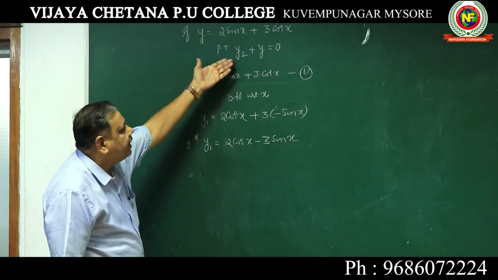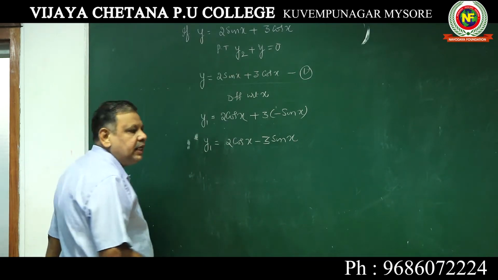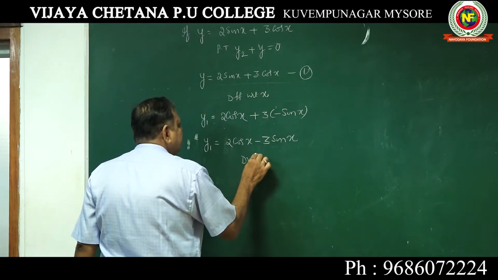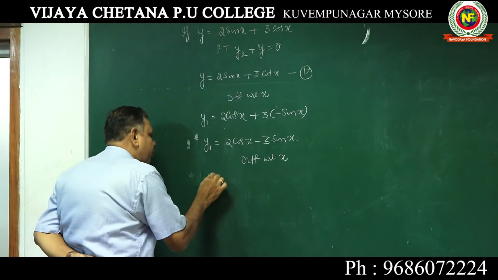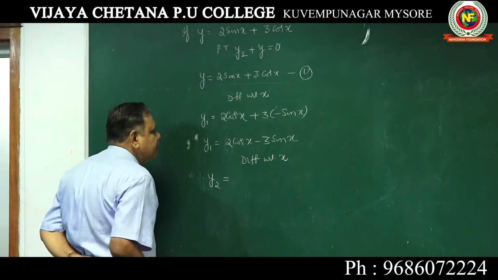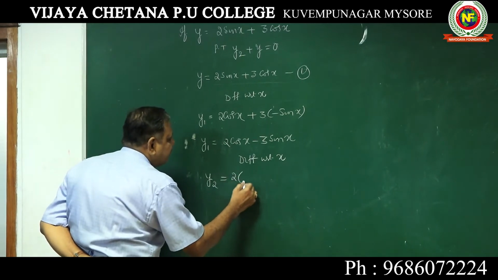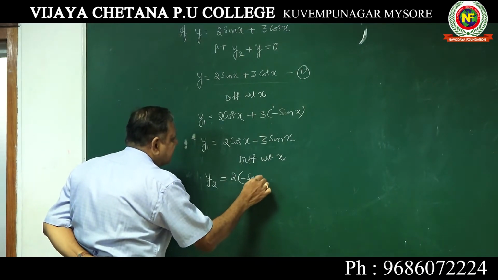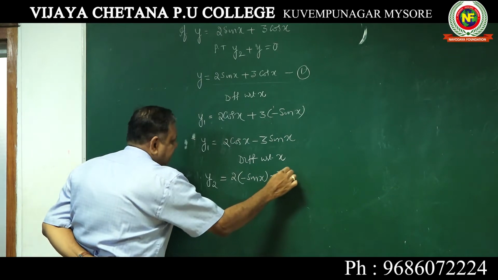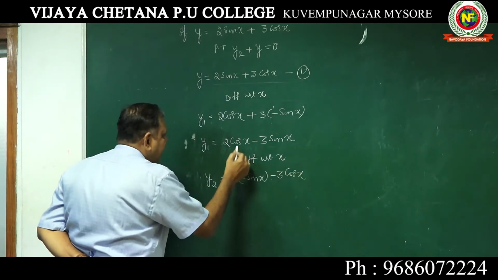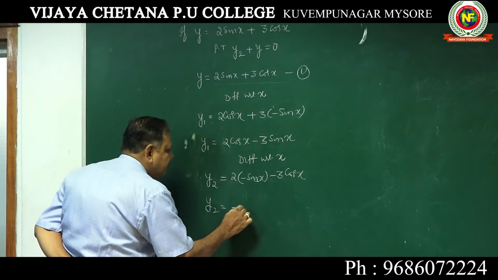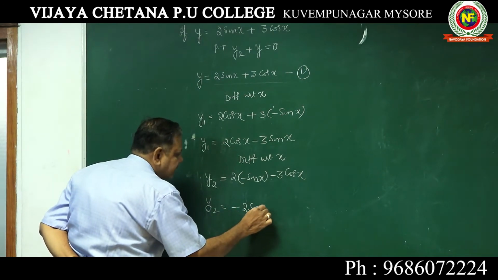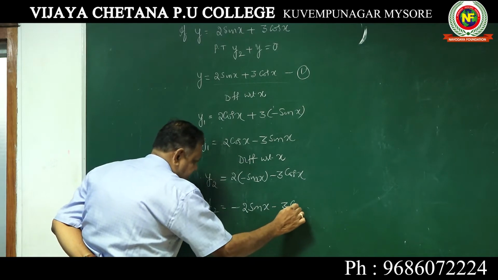You have to go for y2, further differentiation with respect to x. y2 will be equal to 2 into minus sin x and minus 3 cos x, since the differentiation of sin x is cos x and of cos x is minus sin x. Or y2 is equal to minus 2 sin x minus 3 cos x.